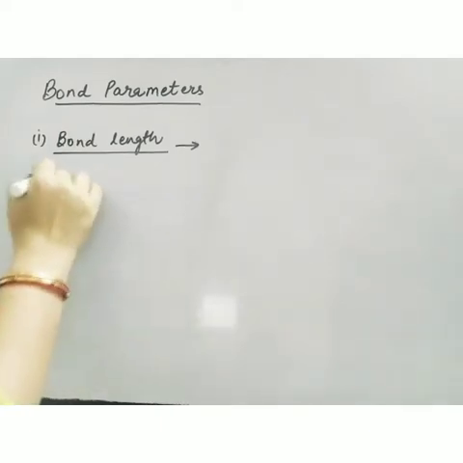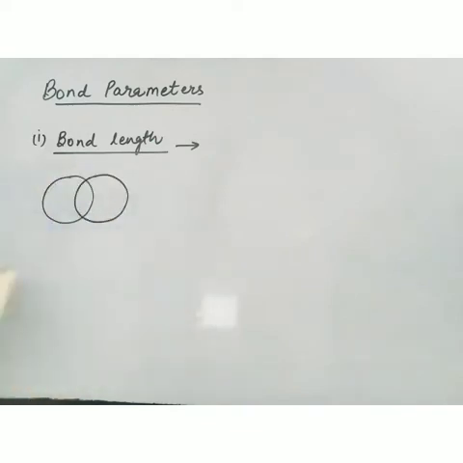Suppose this is a covalent bond. This is a covalently bonded molecule. This is the nucleus of first atom. This is the nucleus of second atom. So what is bond length?